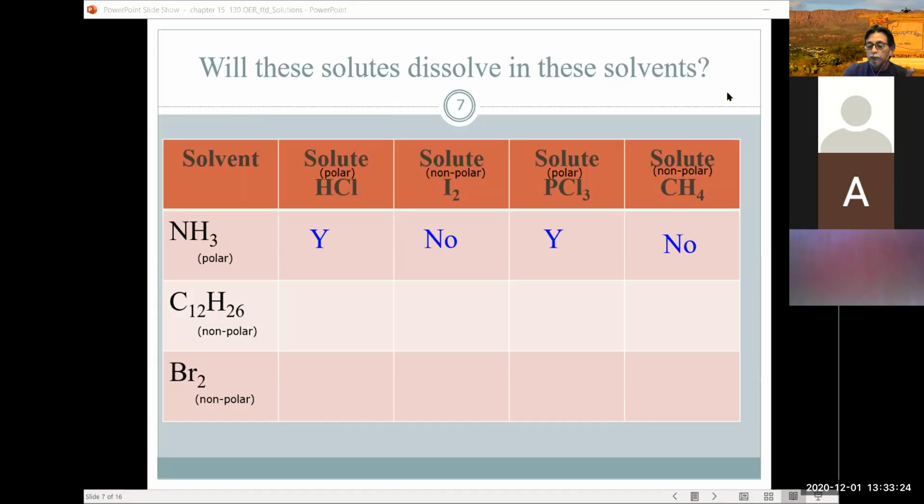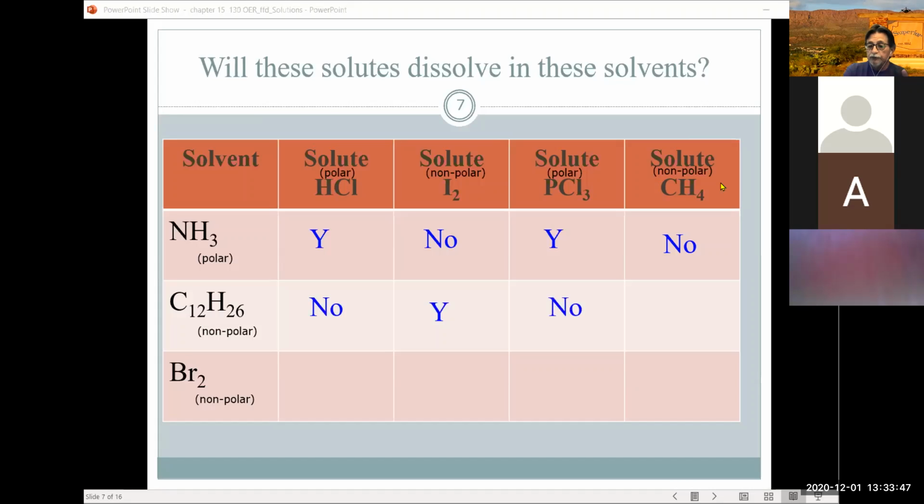Next one would be no, because we're dealing with a nonpolar and a polar. Now we're dealing with the hydrocarbon and hydrochloric acid. It will not dissolve because we got a nonpolar versus a polar. Yes, it will. Iodine will dissolve in the hydrocarbon because of polarity. Both of them are nonpolar.